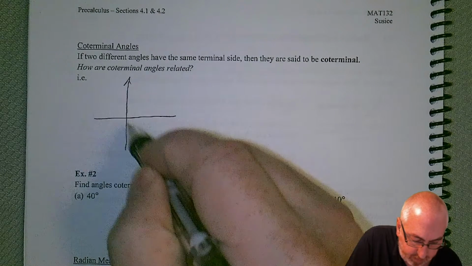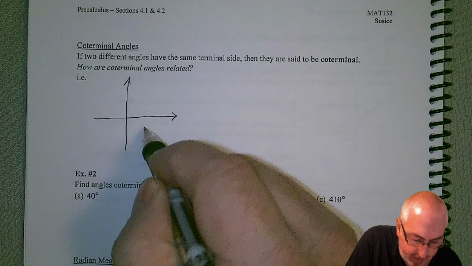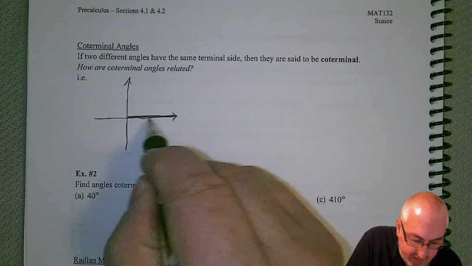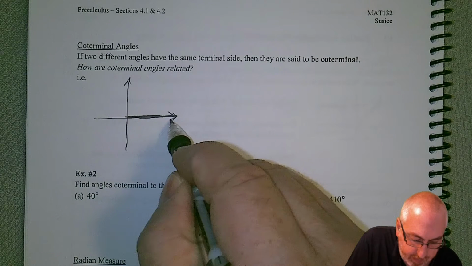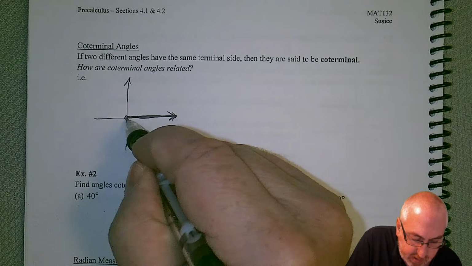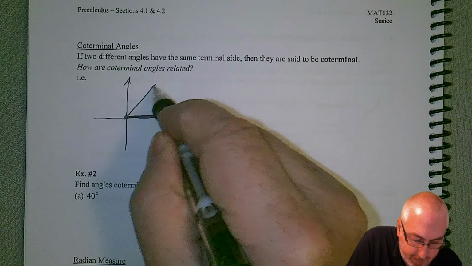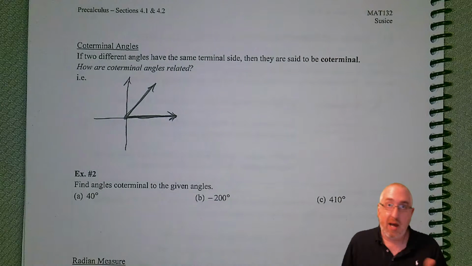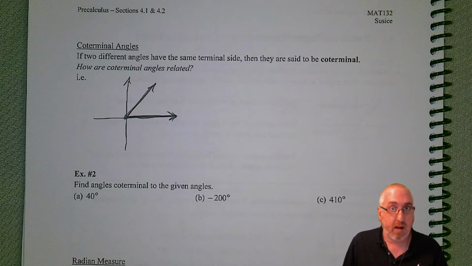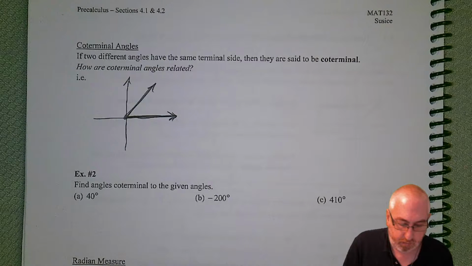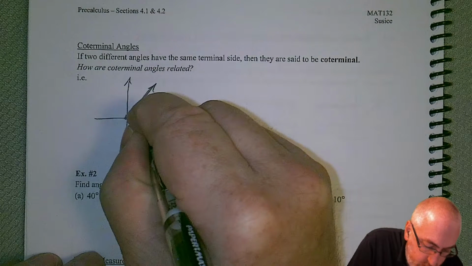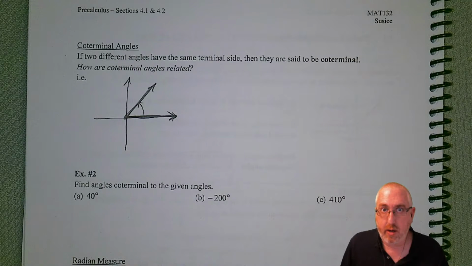Well, let's draw a couple of scenarios. So if we have our angle here, let's have our initial side be the positive x-axis, and then we have an angle that stops in the first quadrant. Now, we actually have a few different types of angles that we could get from this picture. One of them, of course, is to just do our acute angle that's less than 90 degrees.